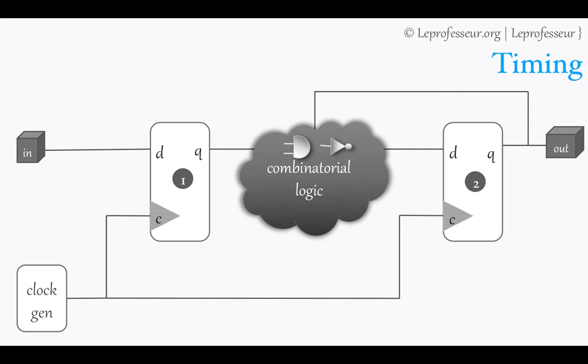Essentially, in synchronous design, your logic flows between register to register, or flops in general. What the flops do is store the state of your circuit, and that state is used when the next clock arrives, or the next clock edge.